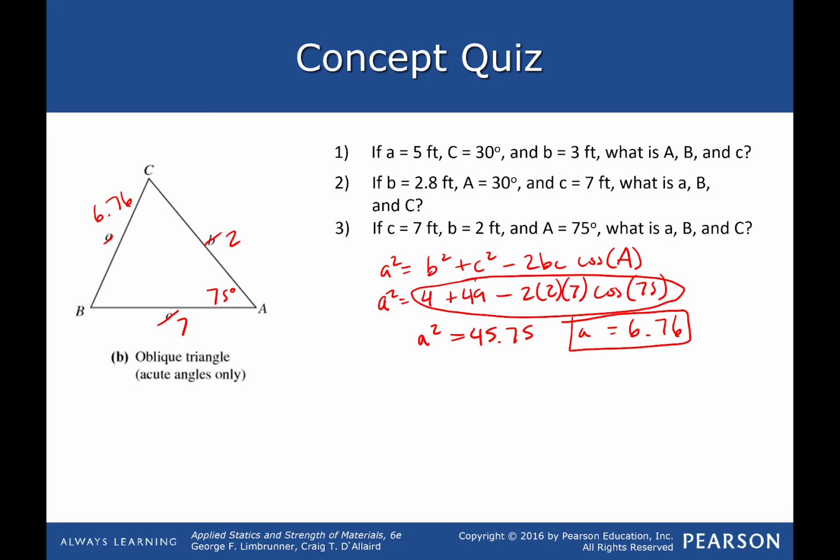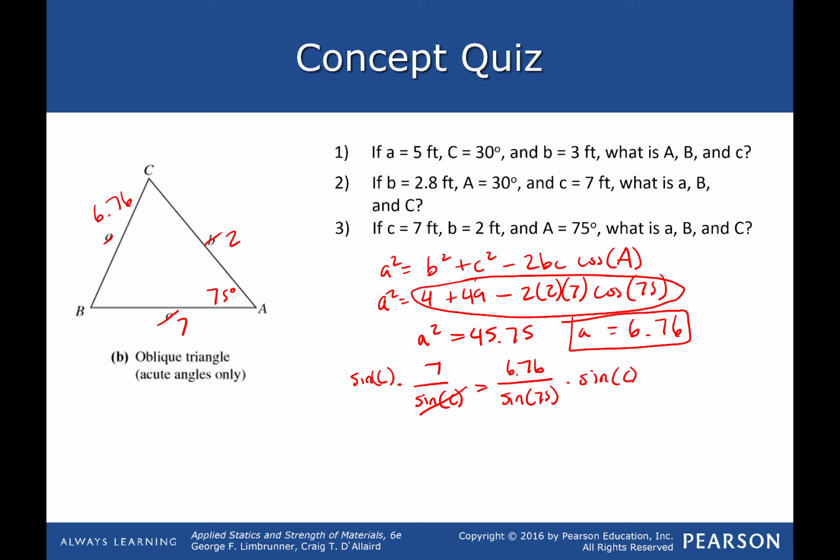So I'll do angle C this time. I did angle B last time. So 7 over sine of C is equal to A, which is 6.76, over sine of A, which is sine of 75. Okay, I'm going to multiply both sides by sine of C to get it on the top. Okay, that cancels. Good.